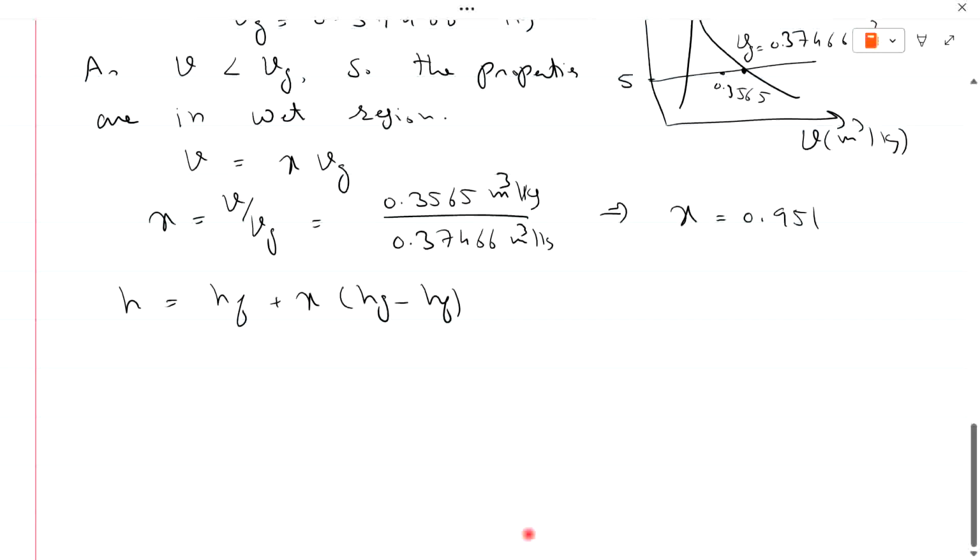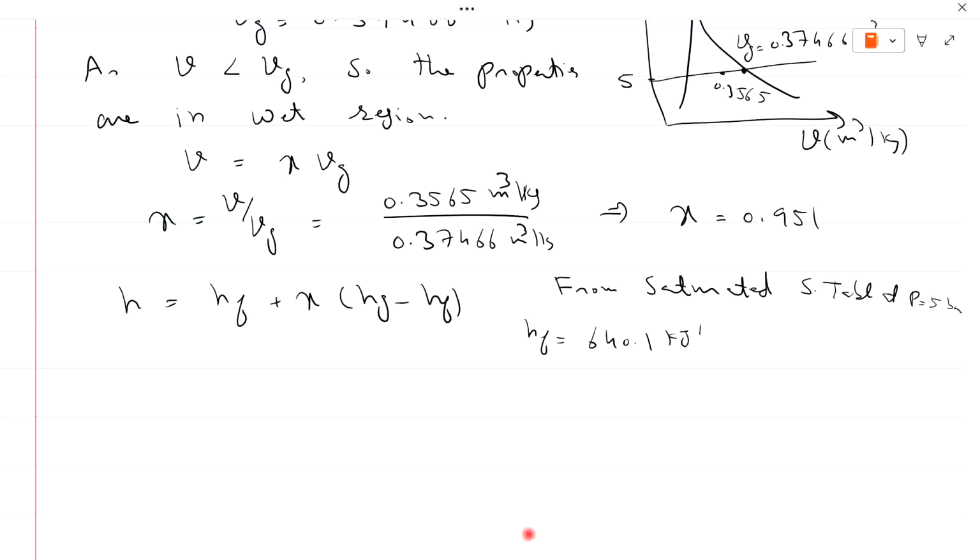From the saturated steam table, at pressure equal to 5 bar, Hf is equal to 640.1 kilojoule per kg, Hg is equal to 2747.5 kilojoule per kg.